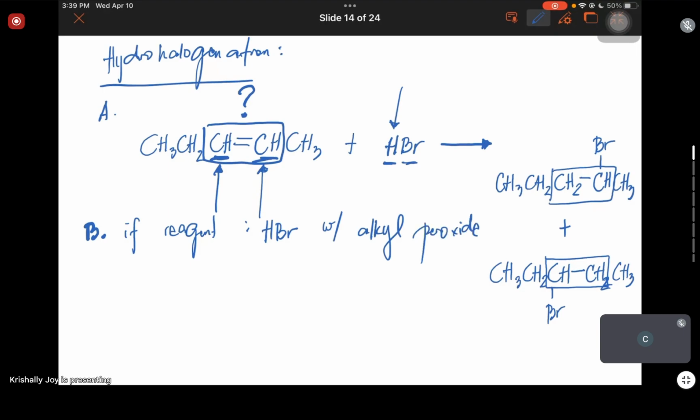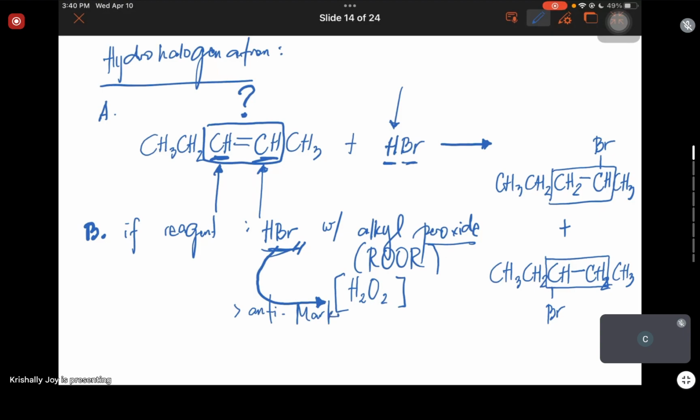An alkyl peroxide makes use of the general formula ROOR, or usually just hydrogen peroxide, H2O2. When hydrohalogenation with hydrogen bromide happens in the presence of a peroxide, any alkyl peroxide or hydrogen peroxide, then the product will follow anti-Markovnikov's rule. Why anti? Why is it the opposite of Markovnikov's rule?